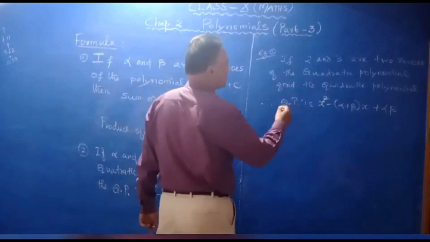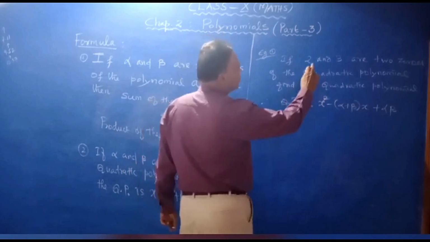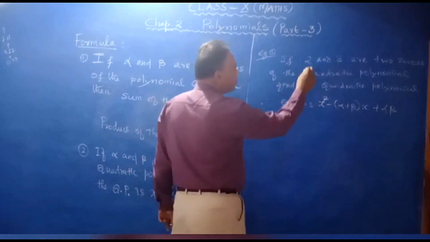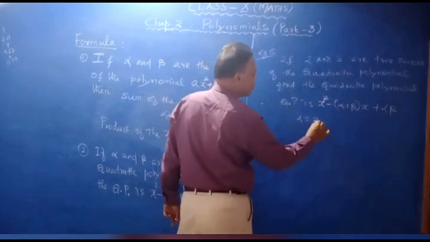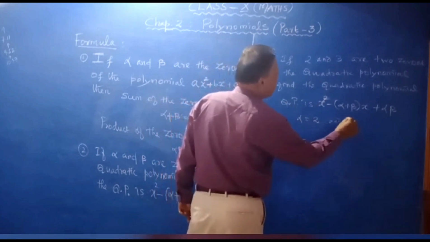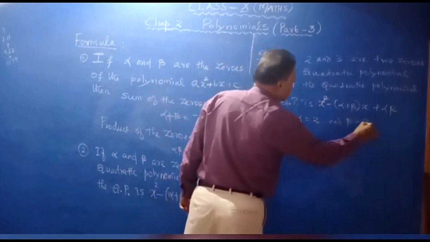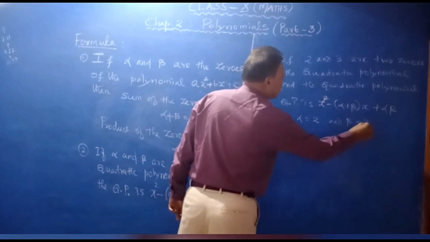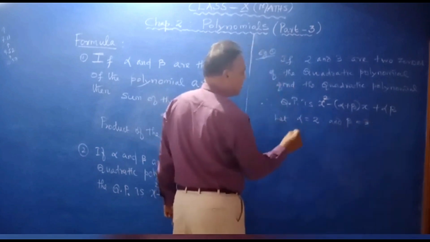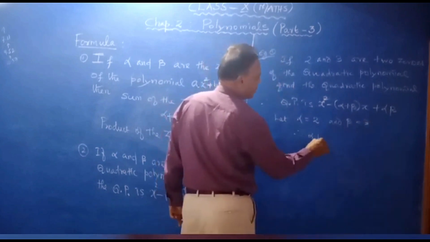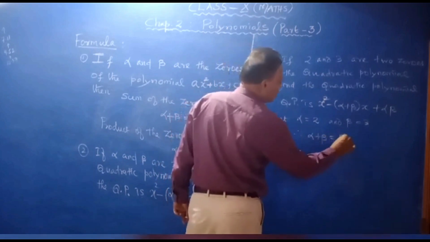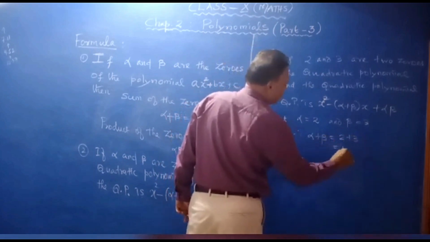Now just replay. What is the sum of the zeros here? Two zeros given. One zero you take as alpha, that is 2, and another zero you take as beta, that is 3. Clear? Therefore, sum: alpha plus beta equals 2 plus 3, that is 5.